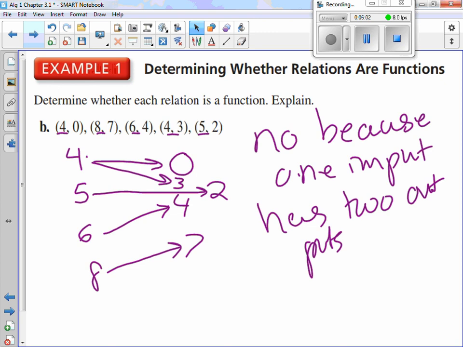It does not work, and that's the reason why. We cannot have an input value going to two different outputs. Since 4 goes to both 0 and 3, this is not considered a function. It is not a function.